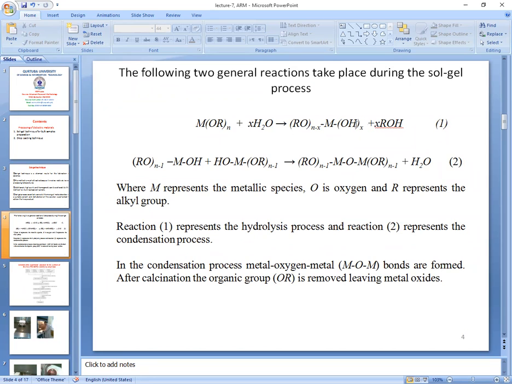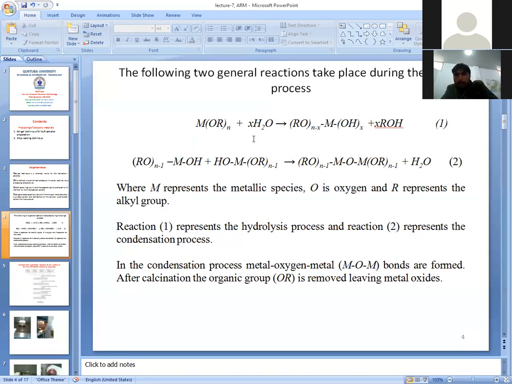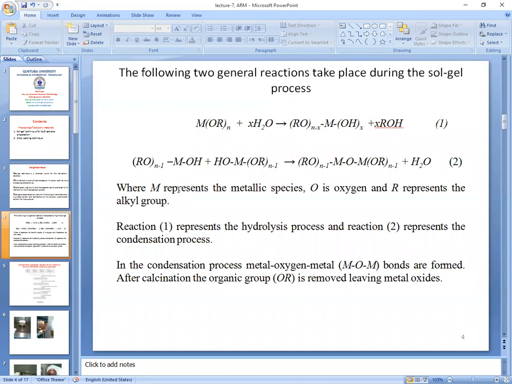There is a schematic diagram: MOR plus H2O gives ROMOH plus ROH. So this is the hydrolysis process, in which M stands for metal, and OR stands for alkyl group, and H2O is water.